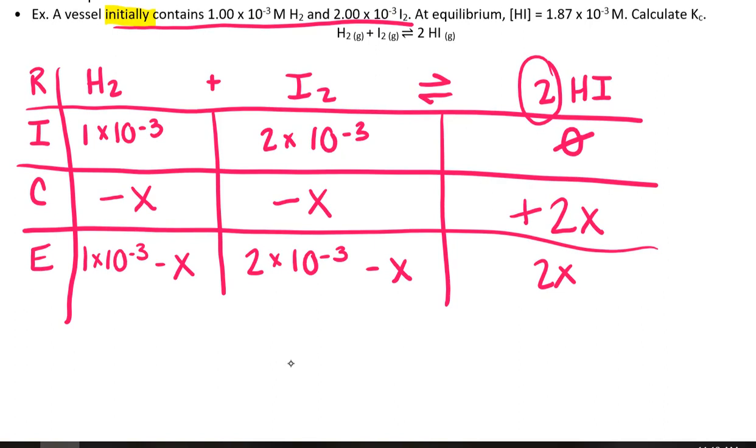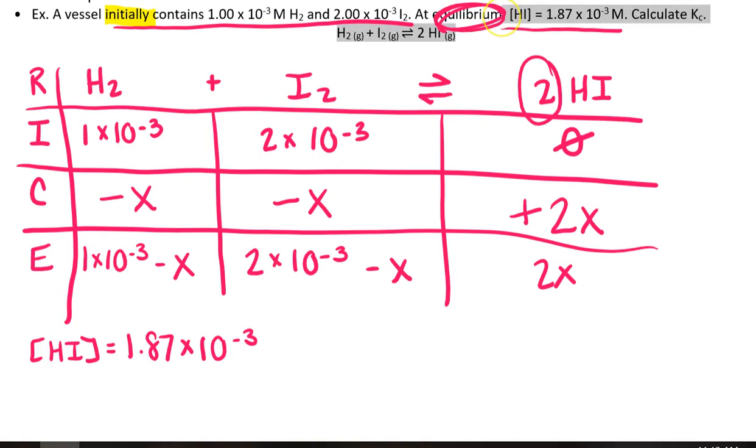There's one other piece of information that the problem gives us. We know the concentration of HI at equilibrium. So at equilibrium, the concentration of my product is 1.87 times 10 to the negative third. And that is at equilibrium.